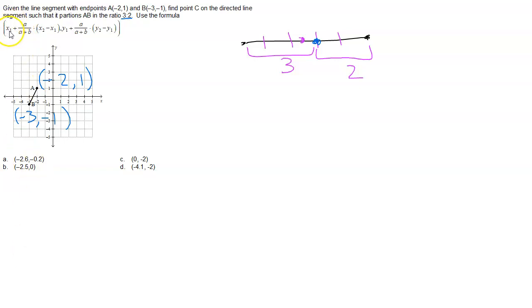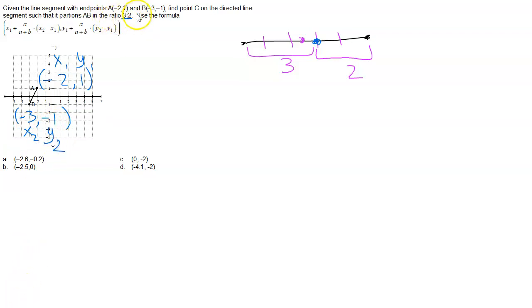The formula has an x1, a, that's used a couple of times, a b, x2, y1, and y2. The x1 and y1 information comes from the first point. Every point consists of an x and a y, and x1 is the x value of the first point, and y1 is the y value of the first point. The second point also has an x and a y, but it's the second point, so it's x2, y2.